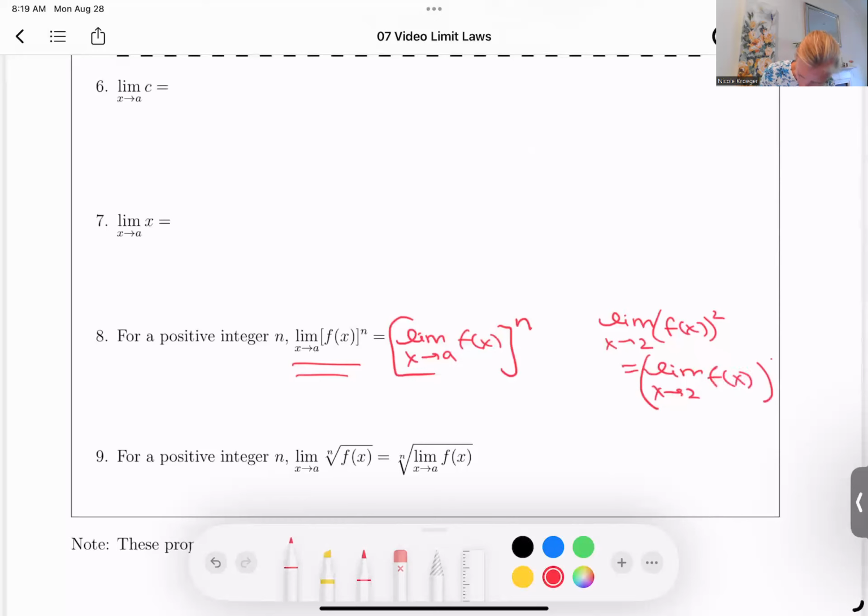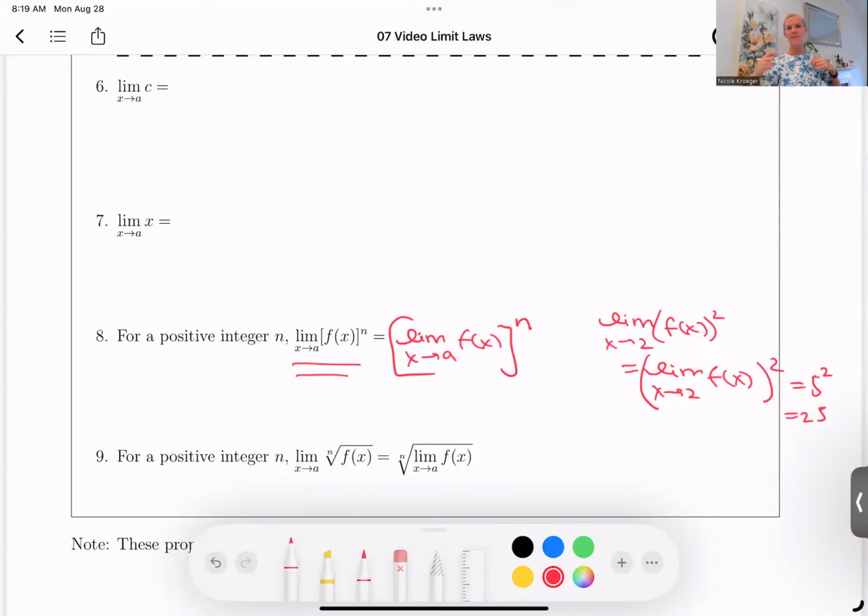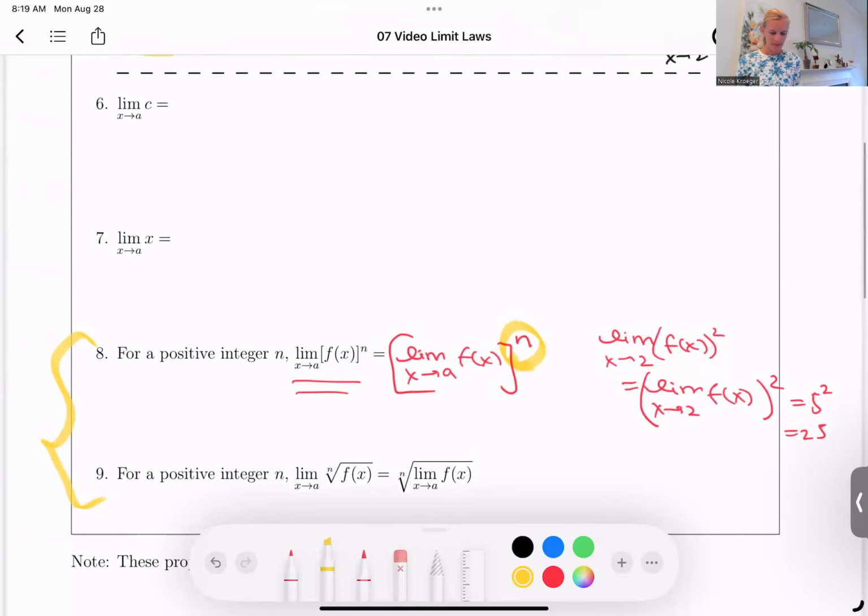So I can compute the limit first and then I can square. The limit was 5 from before, so we get 5 squared or 25. And then that last property says I can do the same thing with roots. So if this was a square root or something like that, I can move the square root outside of the limit. So these last two properties are similar ideas.